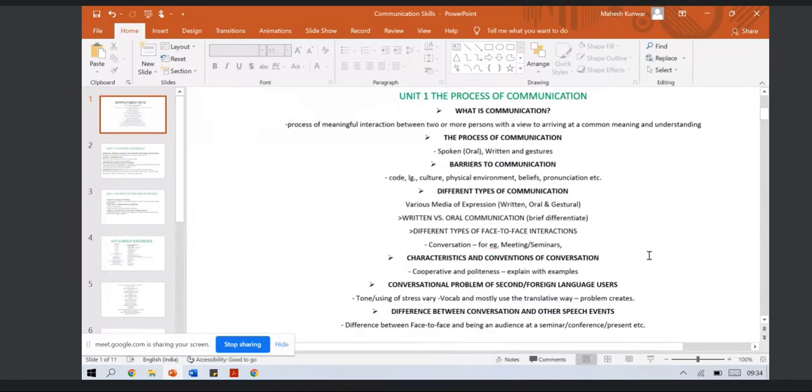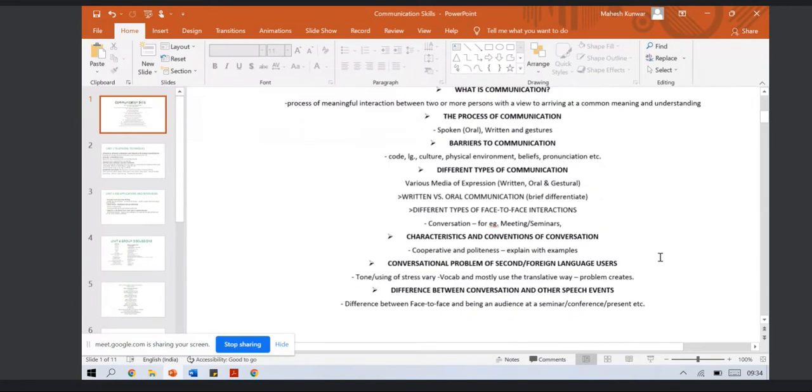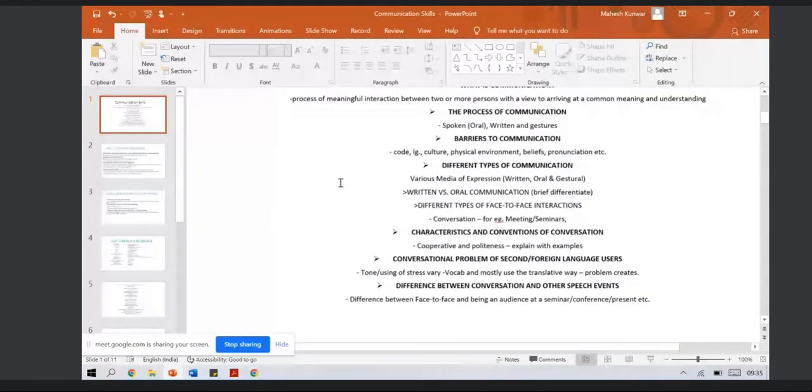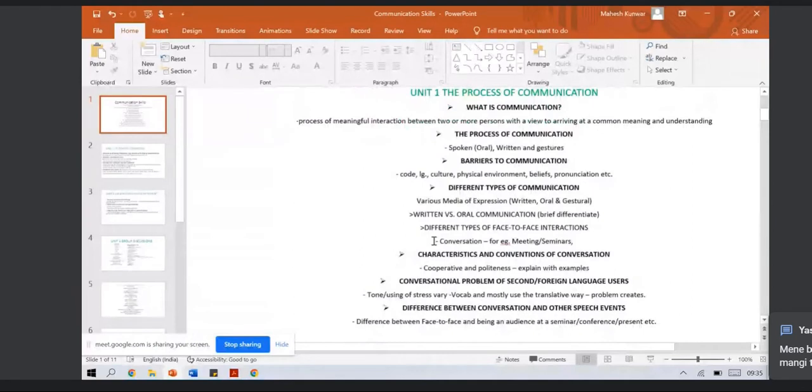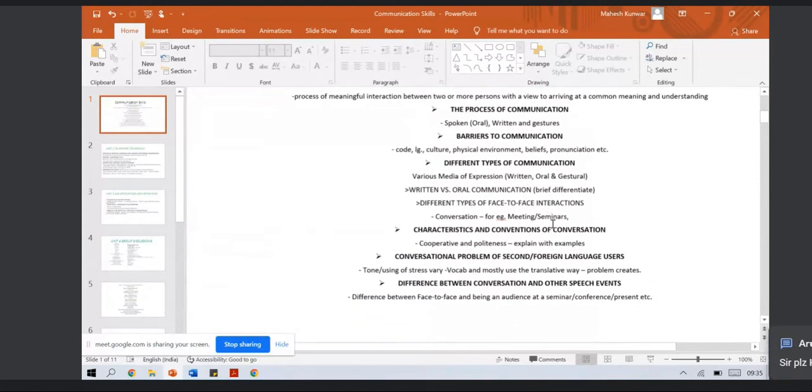Go through the book once and you will get lots of examples and definitions. I'm not taking more time for this. From an examination point of view, you may have a question: what is communication, and what is the difference between written and oral communication? You may have this question for 10 marks.